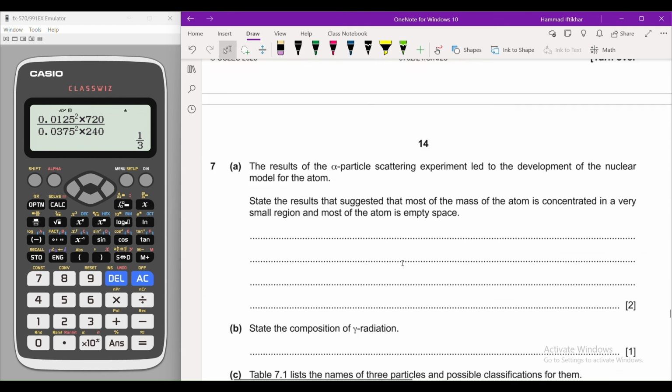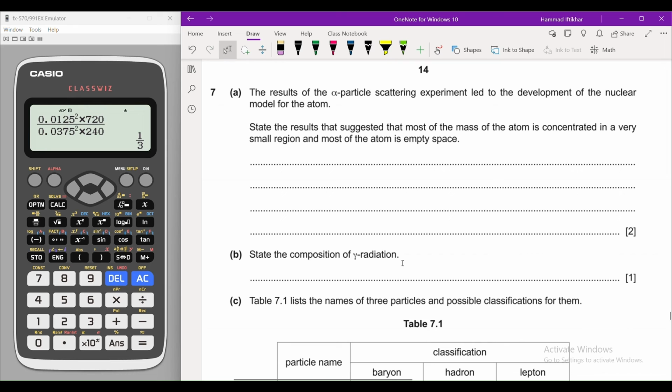Right, okay, moving on. The results of the alpha particle scattering experiment led to the development of the nuclear model for the atom. State the results that suggested that most of the mass of the atom is concentrated in a very small region and most of the atom is empty space.